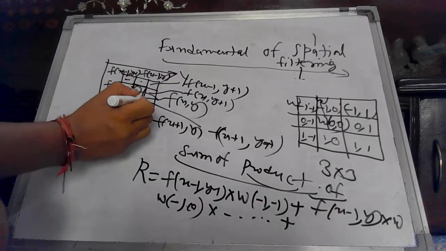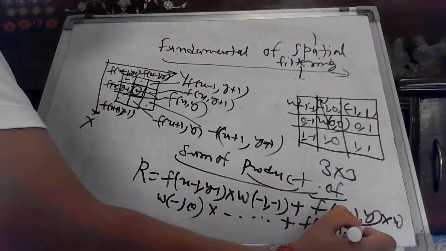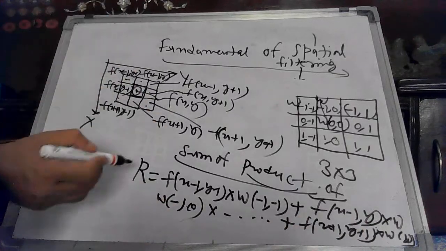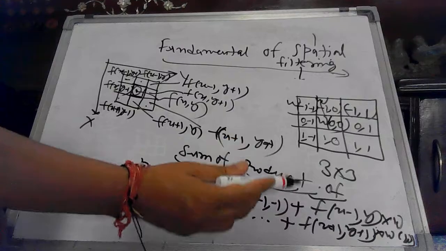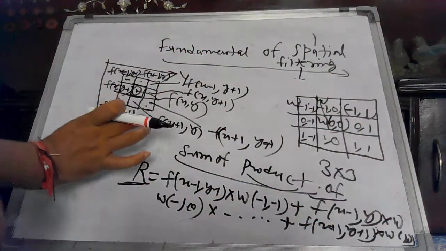At last you will take this position. Similarly f of x plus 1 comma y plus 1 multiplied by W of 1 comma 1. So this is the resultant answer you are getting, and you are simply coinciding this over this.